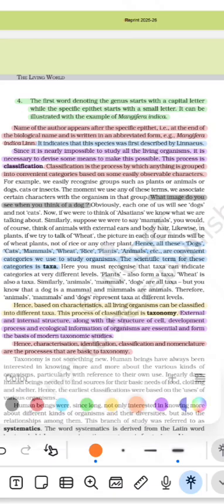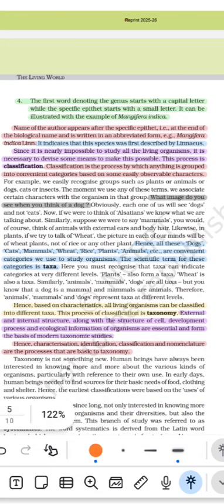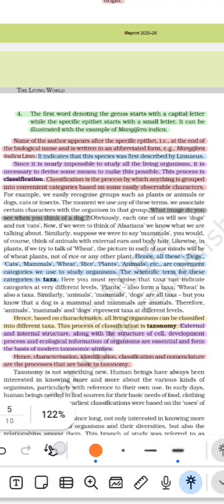Likewise in plants. If we try to talk of wheat, the picture in our mind will be the wheat plant, the rice or many other plants.